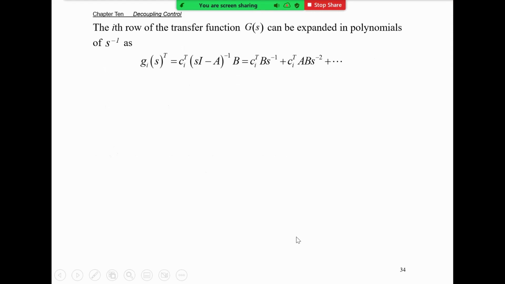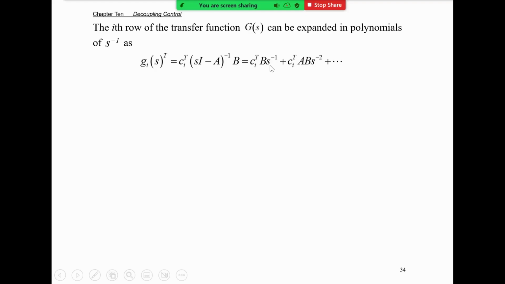Okay, now with that in mind, following is a very important step. We are going to rewrite our transfer function in a very peculiar way. Let's look at this expression of the transfer function again.